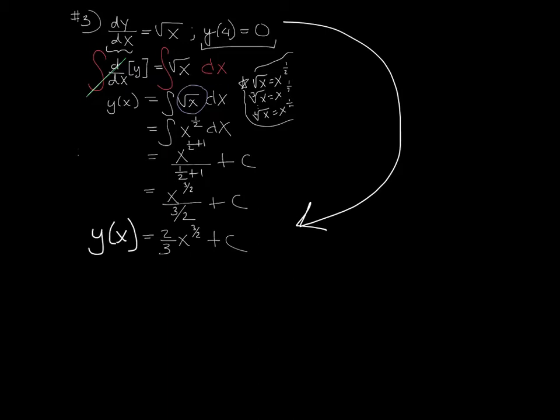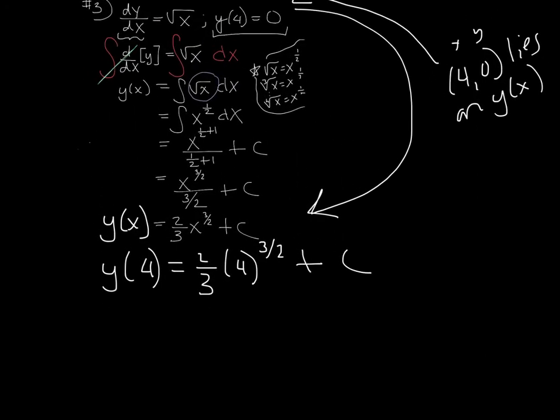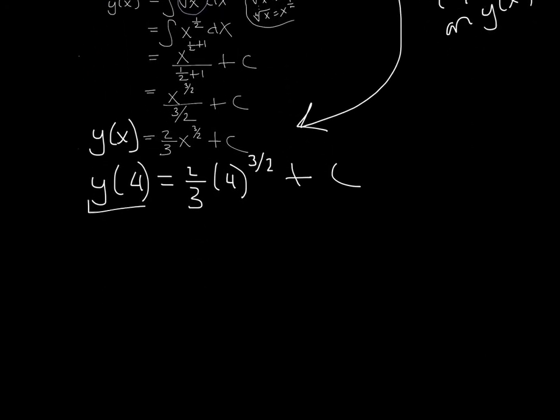This means (4, 0) lies on y of x. So we have y of 4, x is 4, our x and y coordinates. So 2/3 times 4 raised to the 3/2 plus c. And y of 4 is 0.